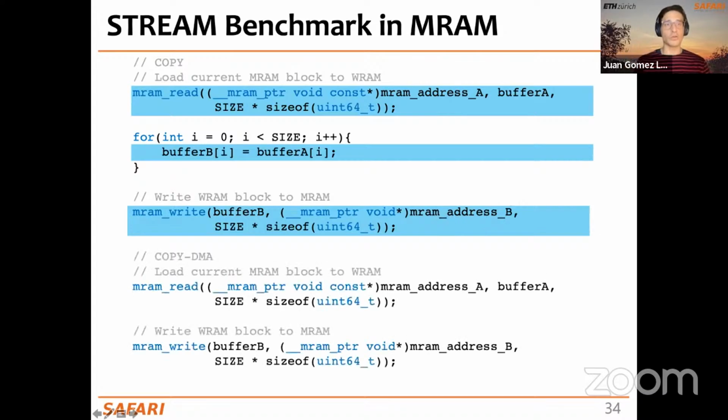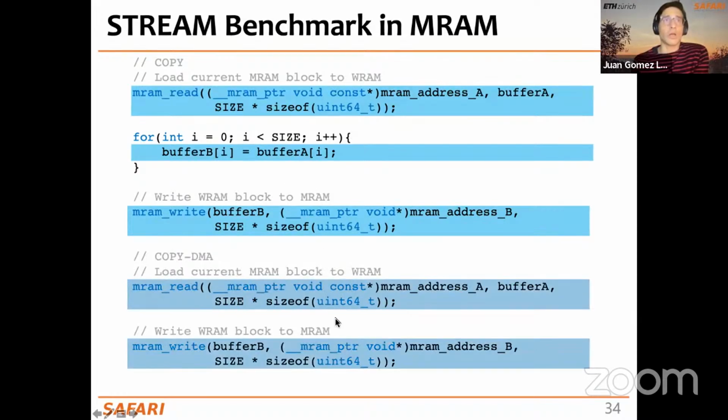We have another version of the stream benchmark, and we created this version because what the original copy benchmark does is just move the contents of one array to another array in MRAM, and you don't really need to do it using WRAM, right?